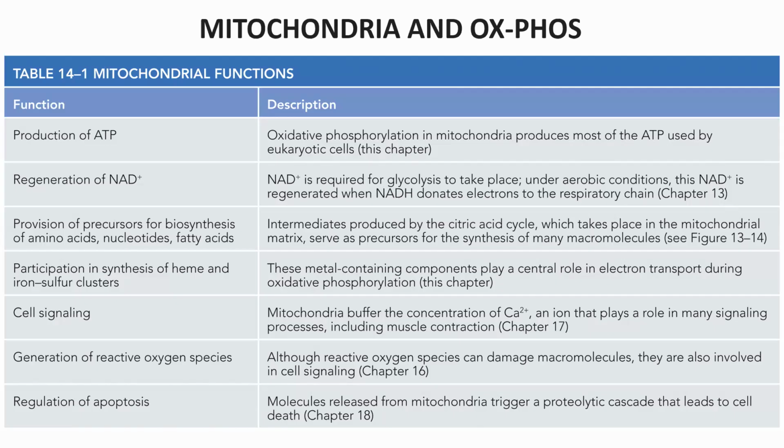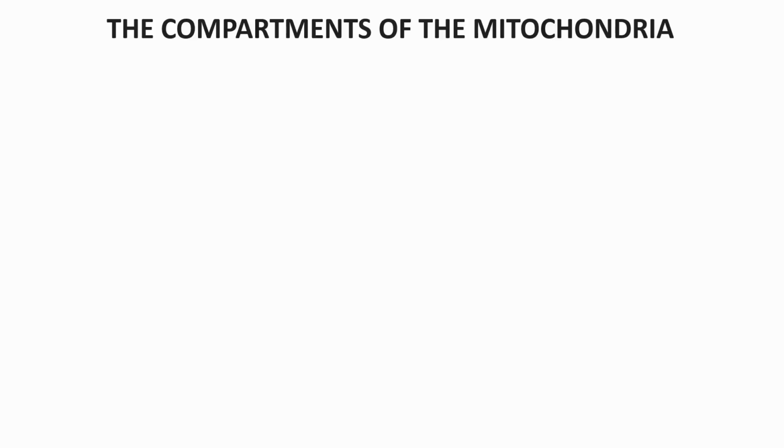But again, we're making a lot of precursors for biosynthesis, like I mentioned: certain amino acids, some nucleotides, some fatty acids. We're making heme. Cell signaling is mediated by some mitochondrial components, and then we're generating reactive oxygen species that allow a cell to sometimes carry out certain processes, but other times just initiate apoptosis, and other apoptosis-triggering events also occur in the mitochondria.